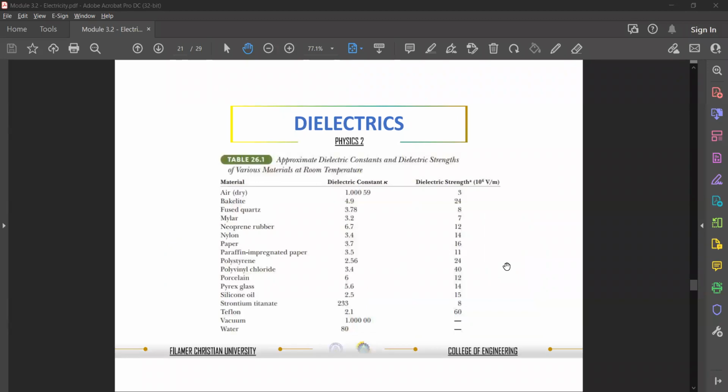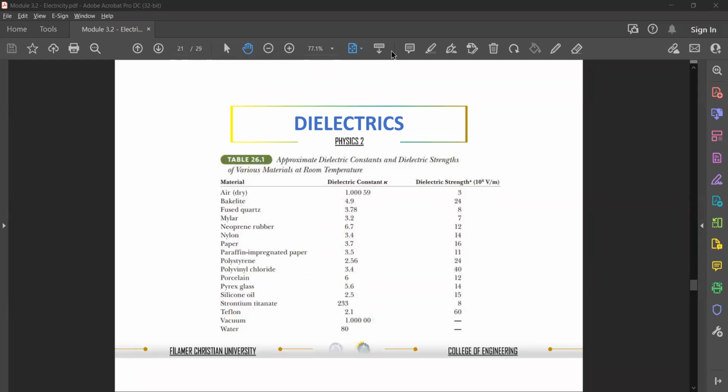So we have here various materials at room temperature. So the dielectric concept here, we have different materials. So let's say air. This is dry air. So we have here 1.00059. So this is your K constant for dry air. For bakelite, we have 4.9. For fused quartz, we have 3.78.